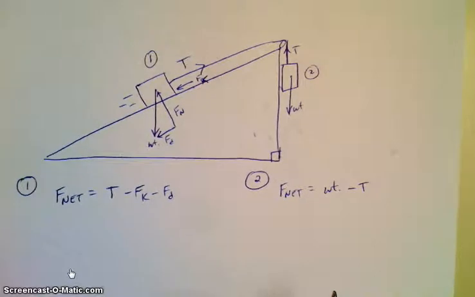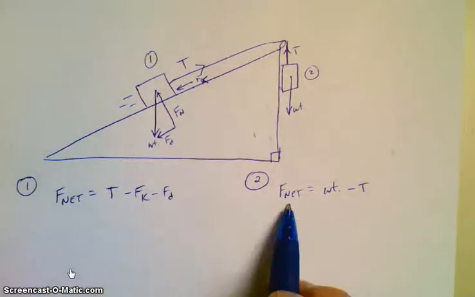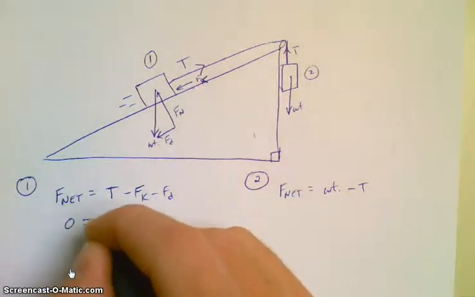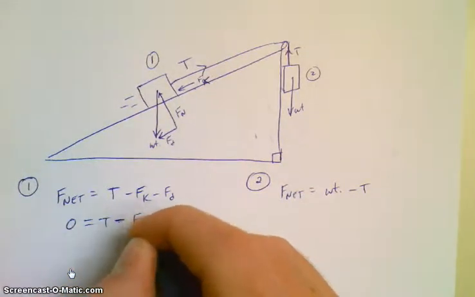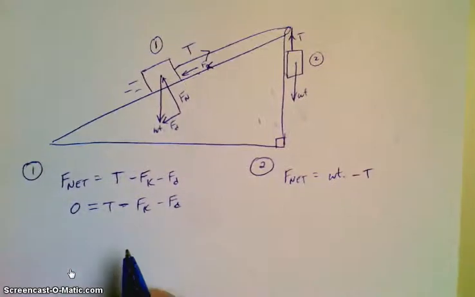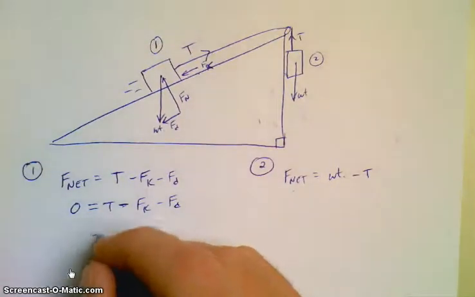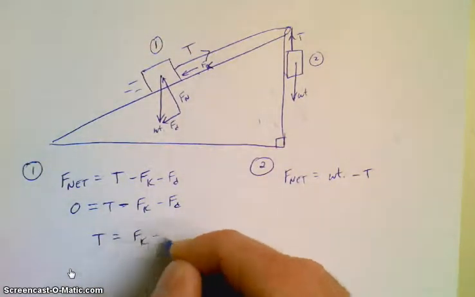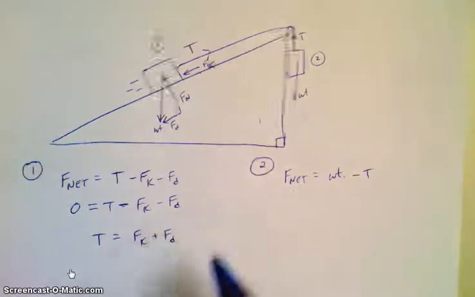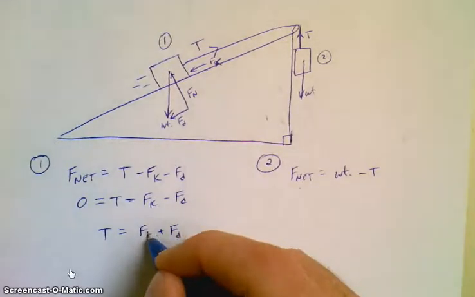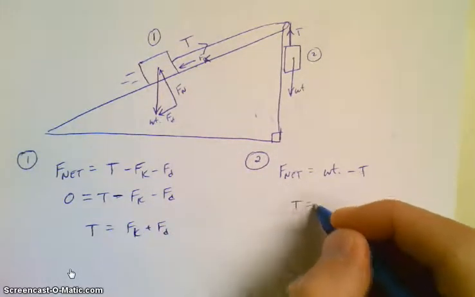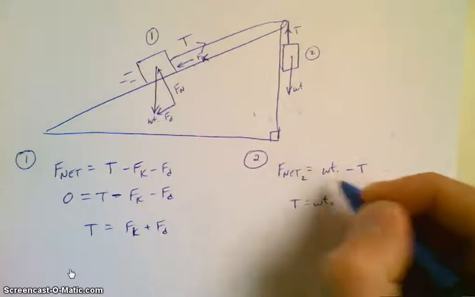So if that is true, that means the acceleration is 0 and the net force on these is 0. So what is tension equal to? Okay. In this equation, it's equal to Fk plus Fd. And in this equation, we'll put 2's on these so we know.